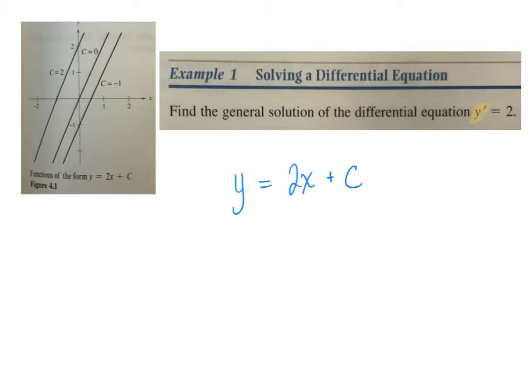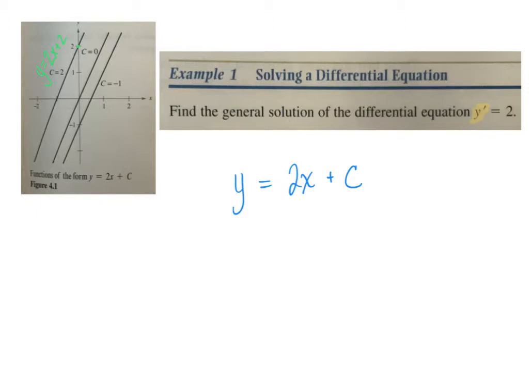They show you why this is true. Just think about your linear equations and what you know about them. This particular one has y equals 2x plus 2. The slope is 2, and the y-intercept is 2.